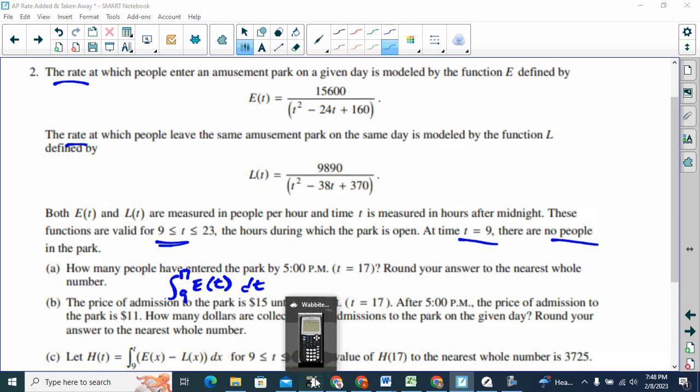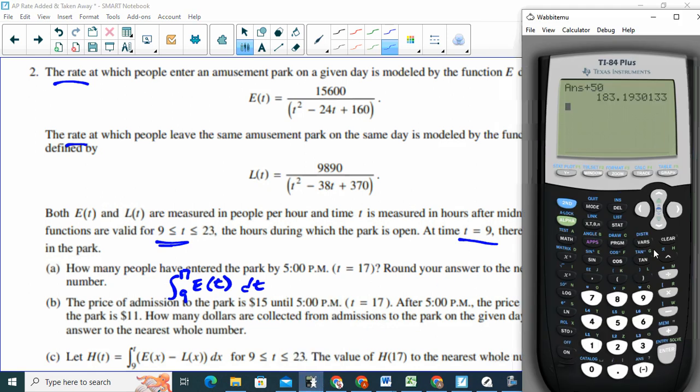So go ahead, type your equations into your calculator, integrate, and see what you get there. I'm going to turn my Y3 graph off.